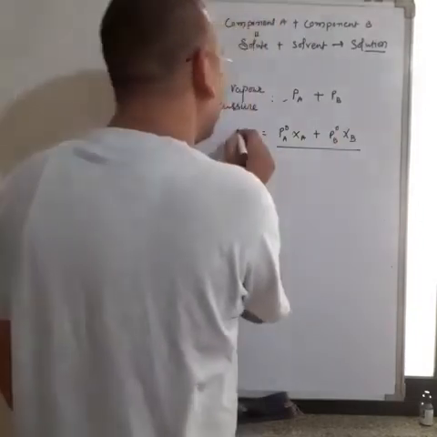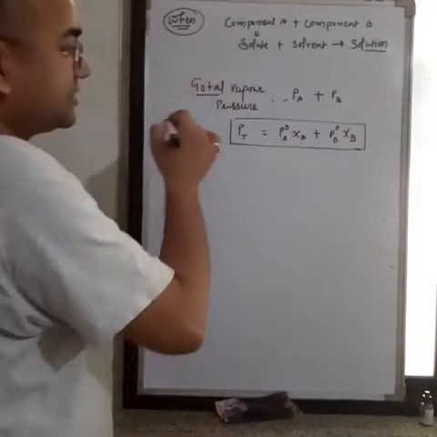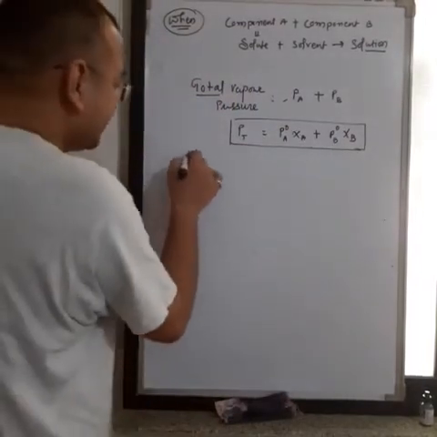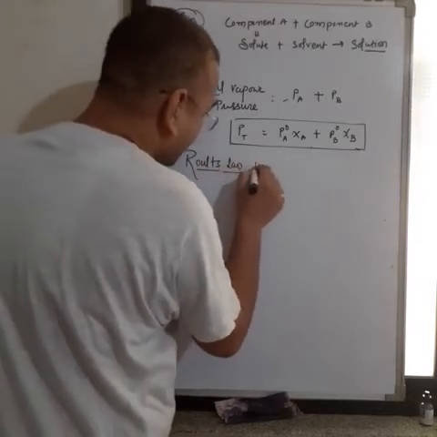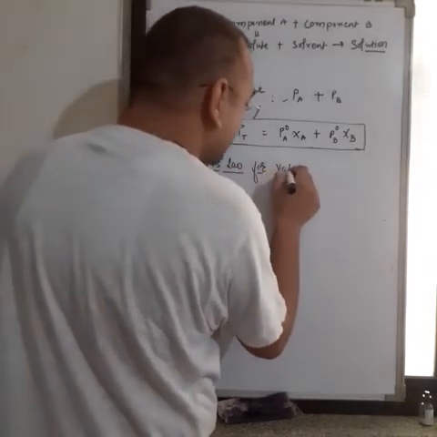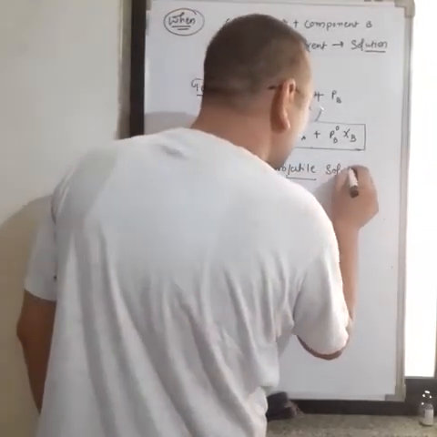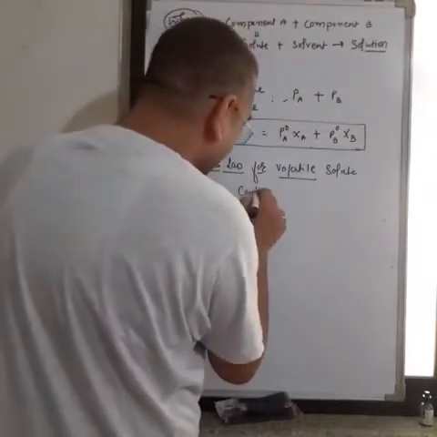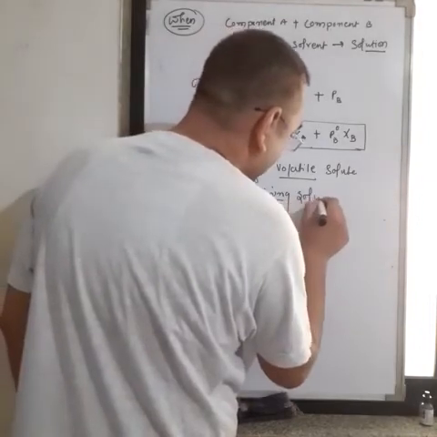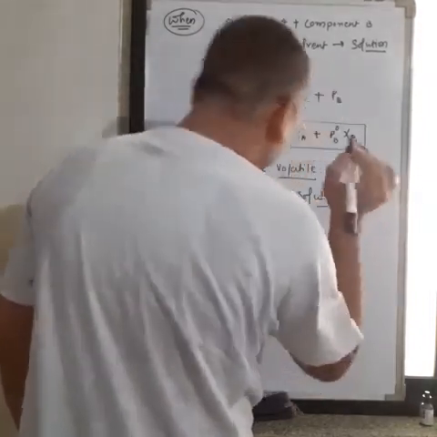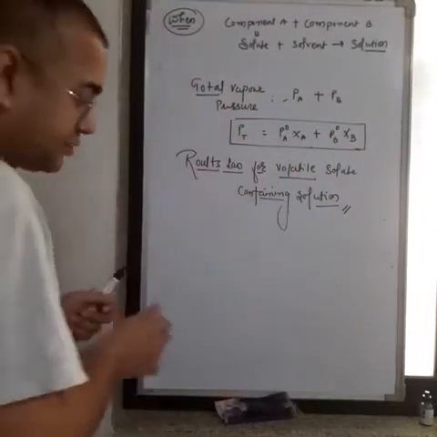We can write it like this. It is known as PT. So this is called Raoult's law for a volatile solute containing solution.